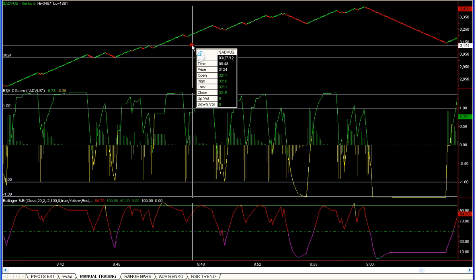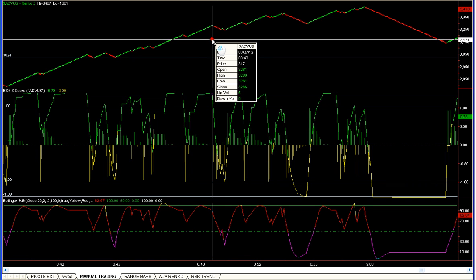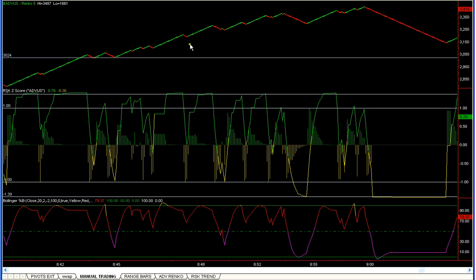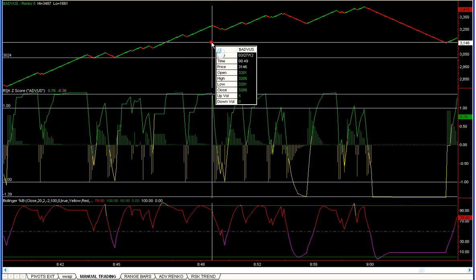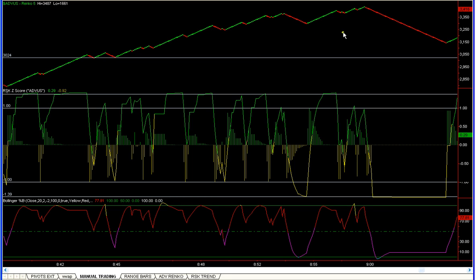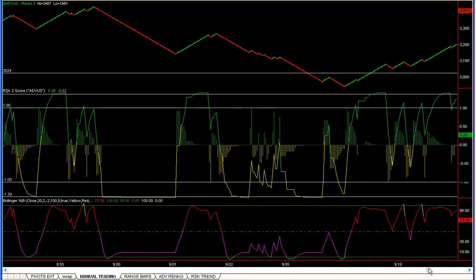Does that mean that this is indicating that the S&P will go higher? No, it does not. Do not think that just because you went higher on the AD that you will go higher on the S&P, on the futures, on the ES. It's not directly related. You can be at a lower high. Let's look at an example of that.